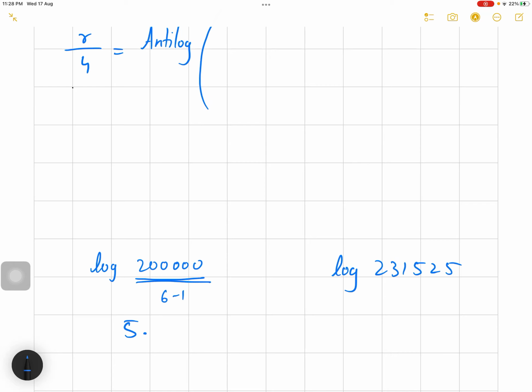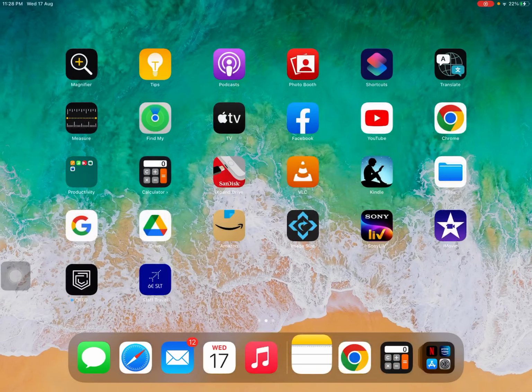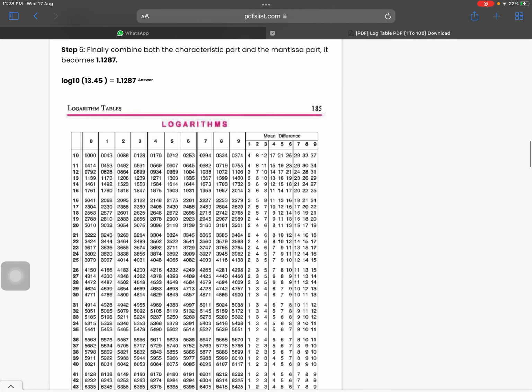Okay, so row 20, column 0 and mean difference 0. Let's see that in the log table. Okay, so row 20, column 0 is 3010.